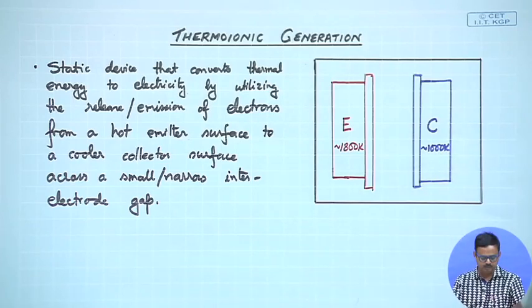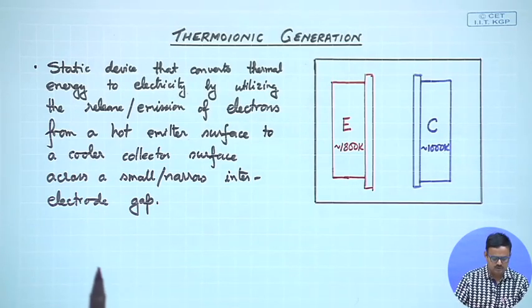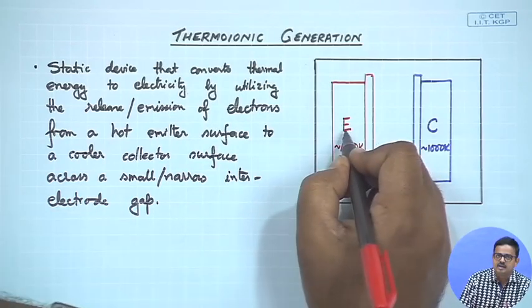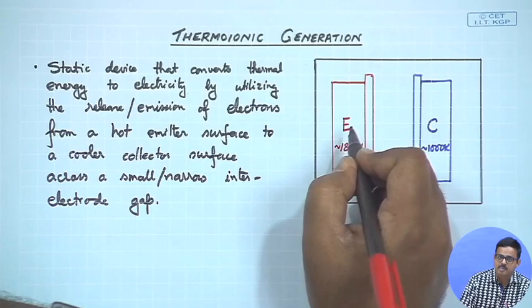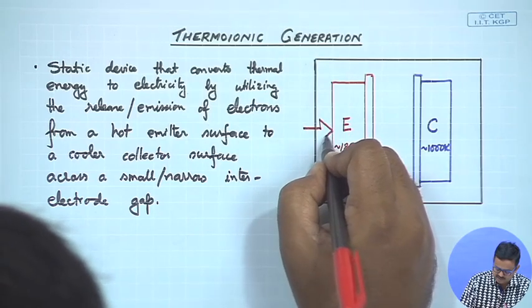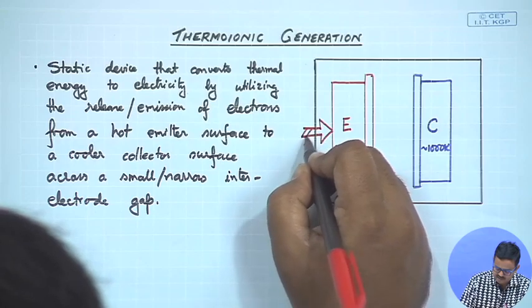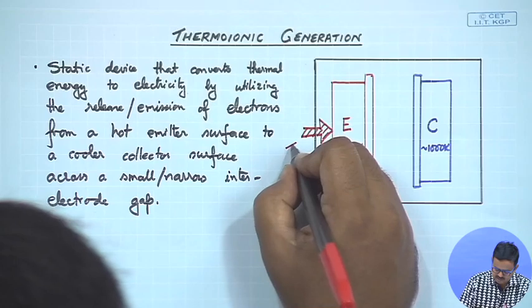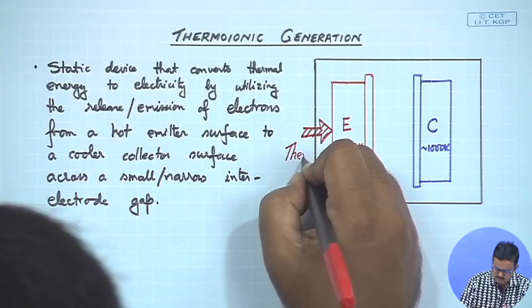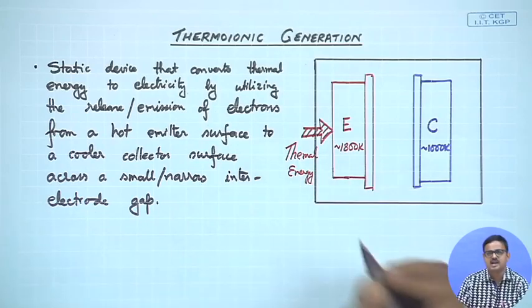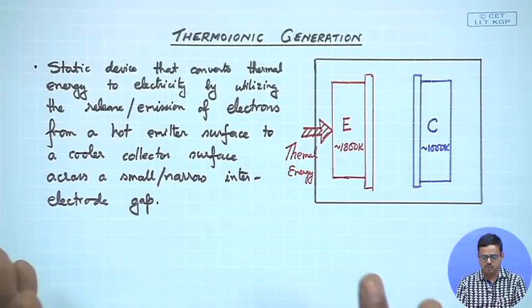The emitter is brought above a certain temperature by the supply of heat to that emitter electrode, thermal energy which comes from our waste heat in the context of this course.